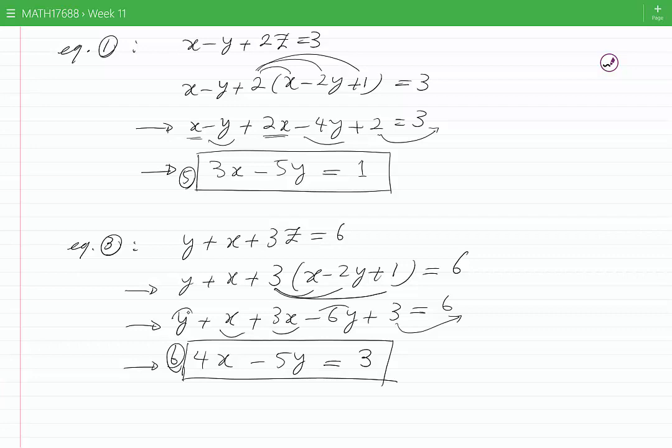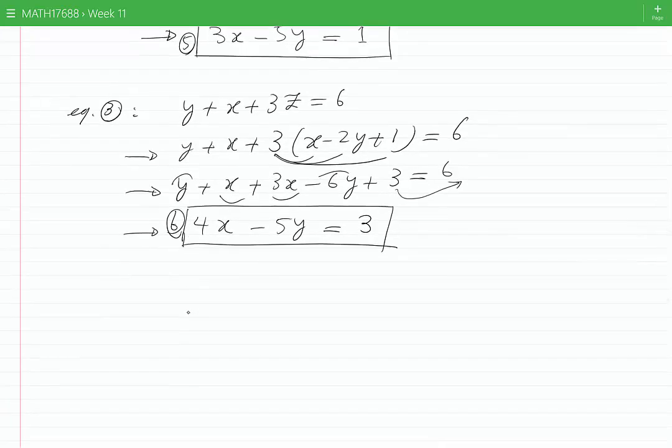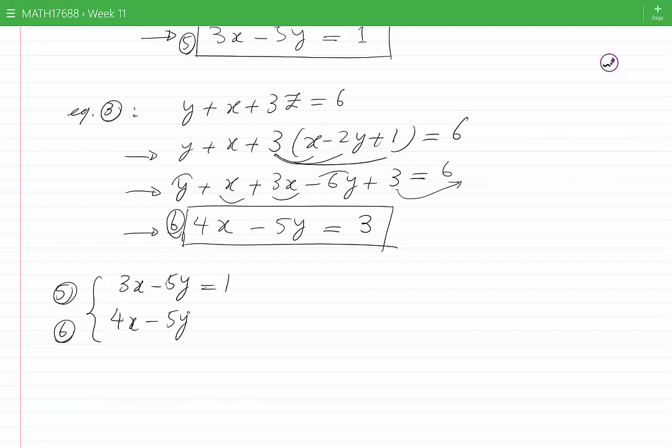Let's put equations 5 and 6 together. Equation 5 says 3x minus 5y is equal to 1. And equation 6 says 4x minus 5y is equal to 3.